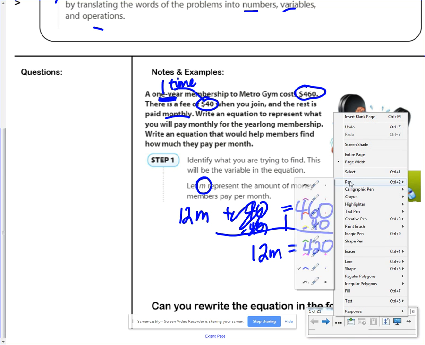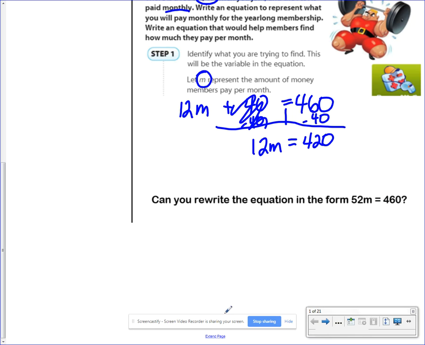I see my variable. I'm going to change colors here. I see my variable right there. I divide by 12, and I get $35 a month is what we pay, because we had to take off that first $40 to get to the amount that we paid each month.